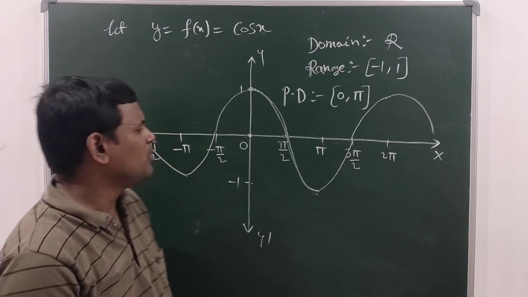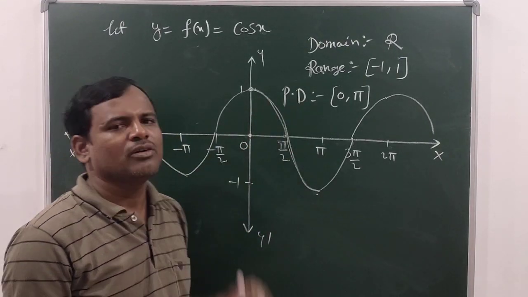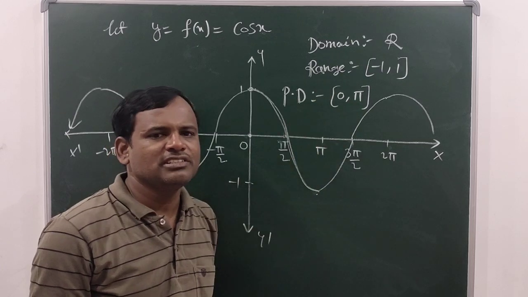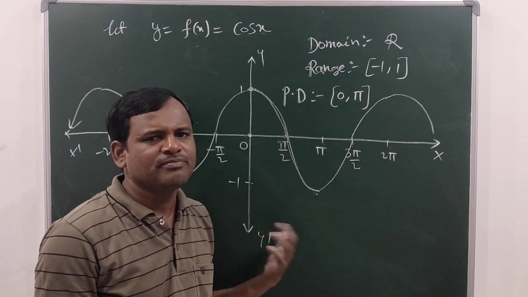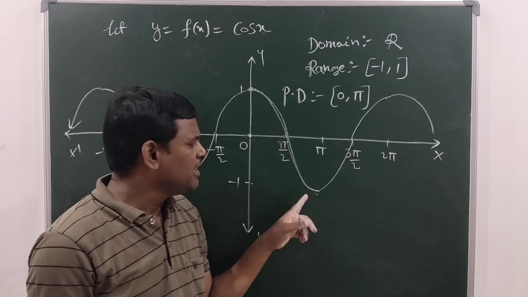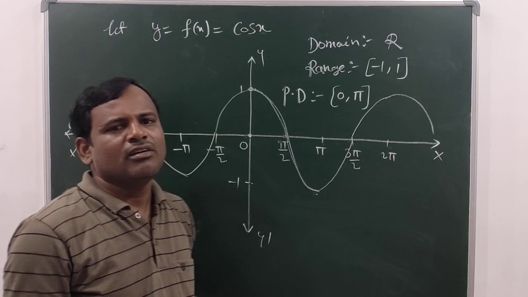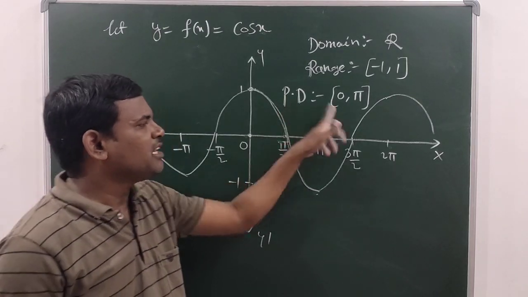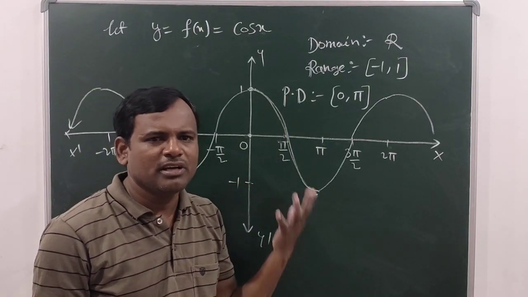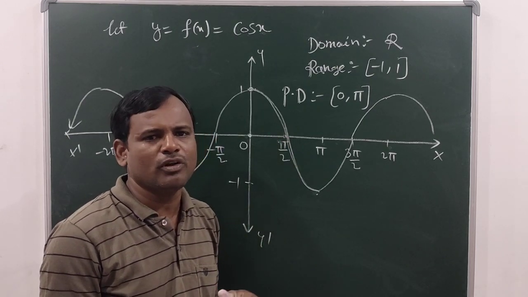Here, in 0 to pi it is strictly decreasing, so this interval is called the principal domain for the cosine function. Actually at many more places it is strictly increasing or strictly decreasing, but we consider only this interval as the principal domain because that is how the mathematician defined it, and that is what we follow.